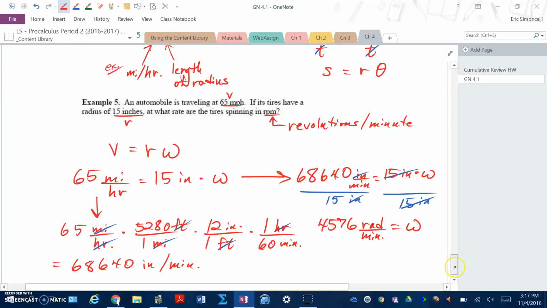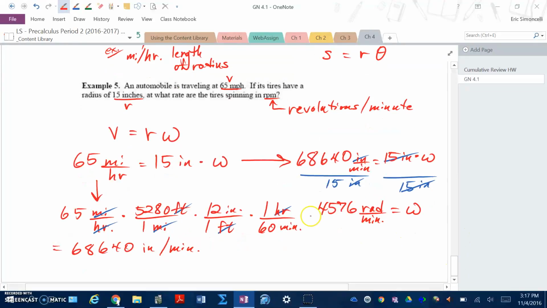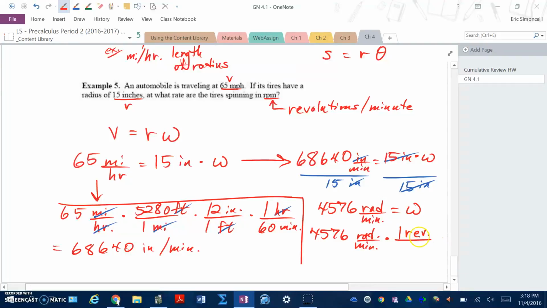And what's very interesting in terms of the final answer now, kind of separating our work here, our final answer using this omega value, multiplying omega, which again, radians per minute, times, now remember we want revolutions per minute, so we're going to go ahead and write 1 revolution in the numerator, so revolutions per minute.